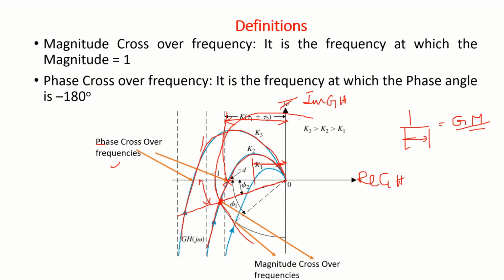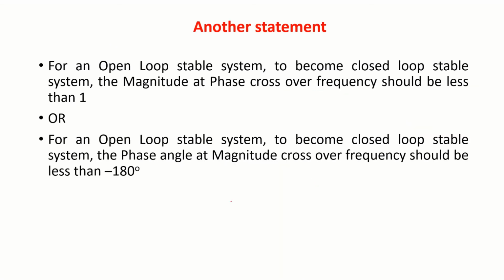If the phase margin is negative, it is about to become unstable, approaching more than -180 degrees, then it is unstable. For an open loop stable system to become a closed loop stable system, the magnitude at the phase crossover frequency should be less than 1. That's what the gain margin is. Or the phase angle at the magnitude crossover frequency should be less than -180. That's the meaning of that.